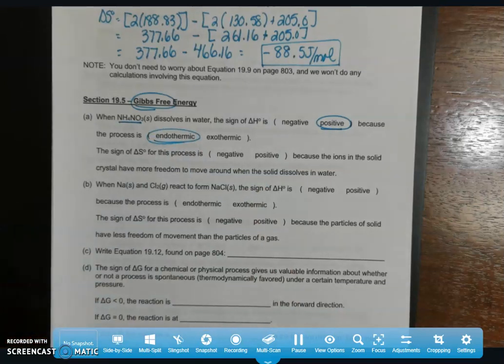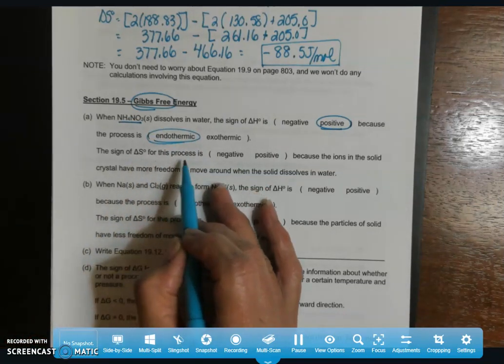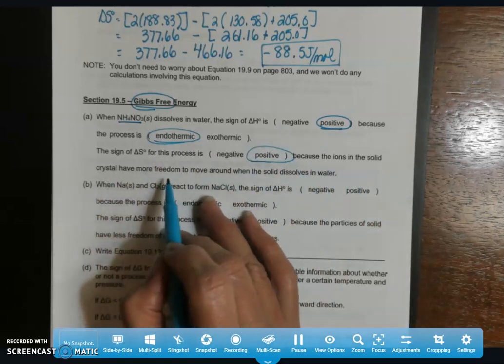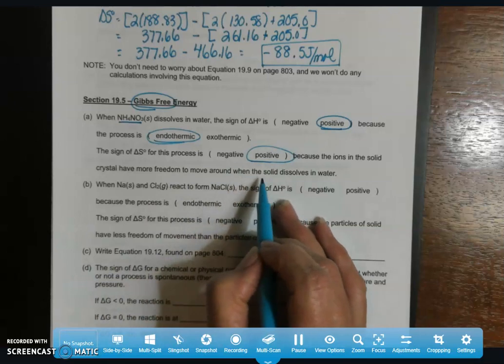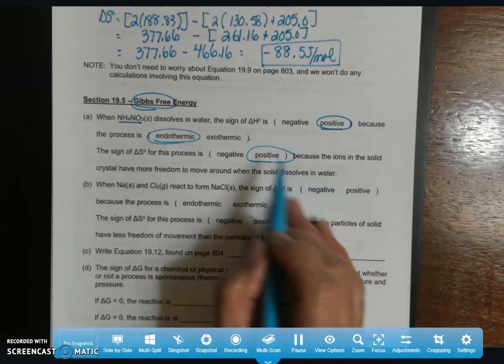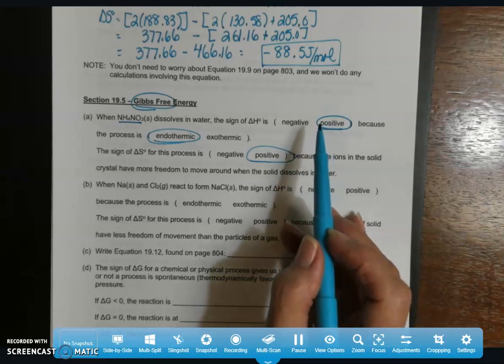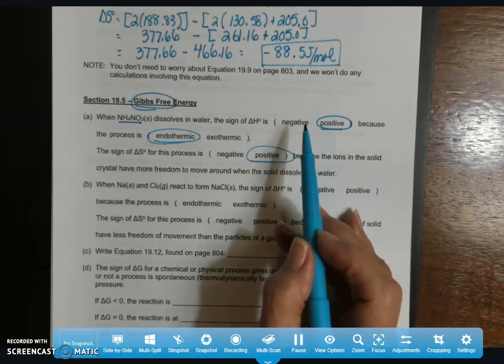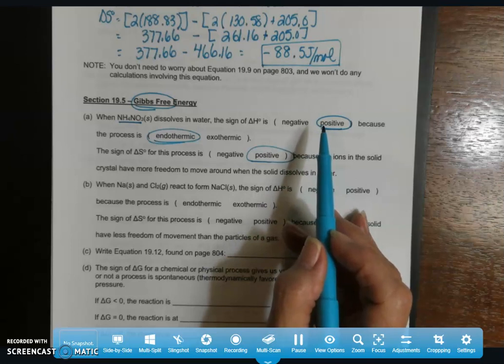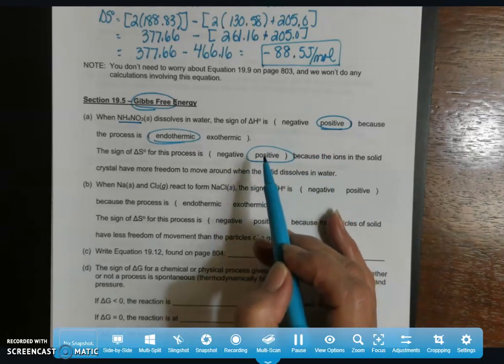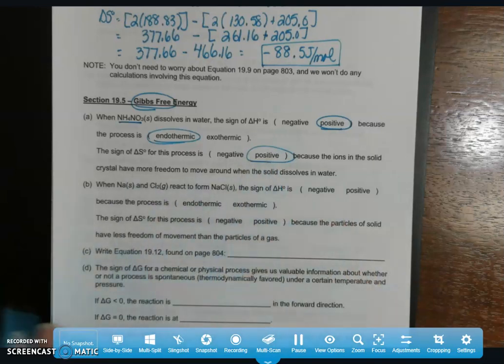The sign for delta S for this process is also positive because the ions in the solid crystal have more freedom to move around when the solid dissolves in water. I want to note here that it is somewhat rare to find systems that have a positive enthalpy and a positive entropy as well. And we'll see that in a minute.